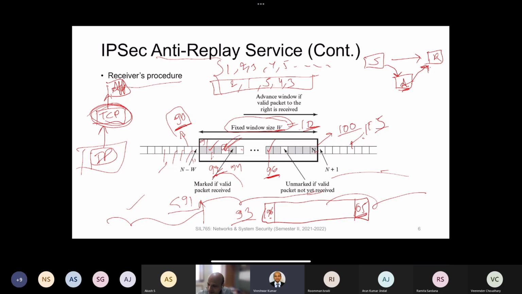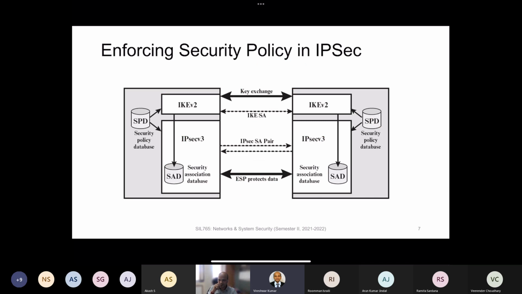Okay, now I have to quickly go through a few things because we don't have a lot of time. This is a very high level view of IPsec between two entities, let's say again the sender and the receiver.